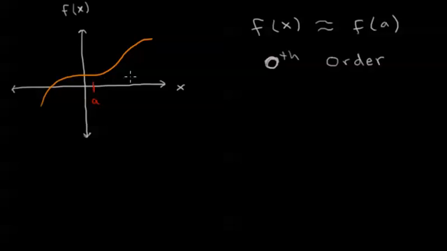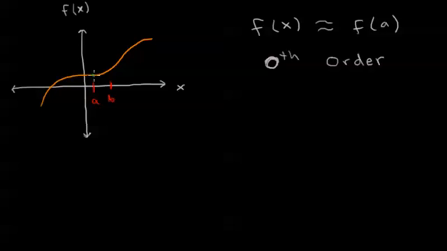So now instead of saying that my values of x are going to be so close to a that I can just pick a constant, I'll pick another point and say that my values of x are somewhere between a and this other point b. Now if I make an approximation to a line here, I have to find out what slope to give this function in this interval where I care about it.